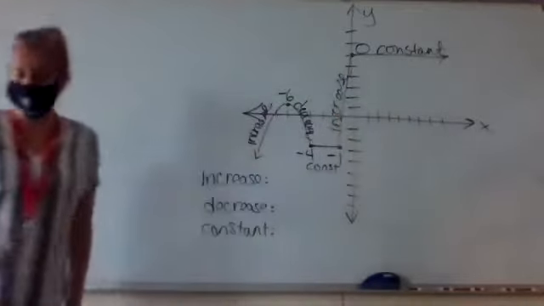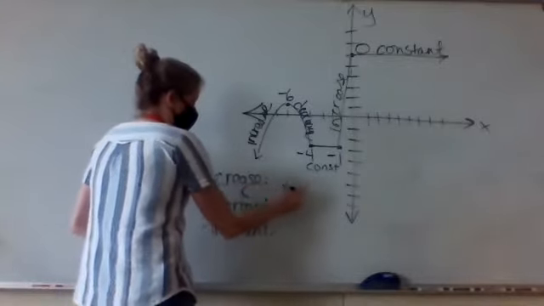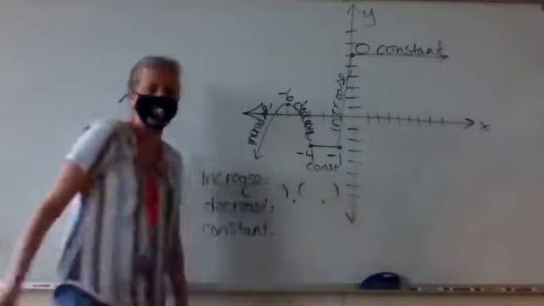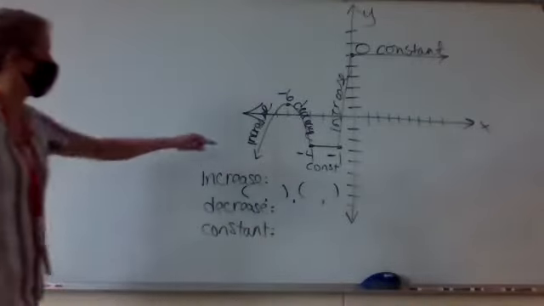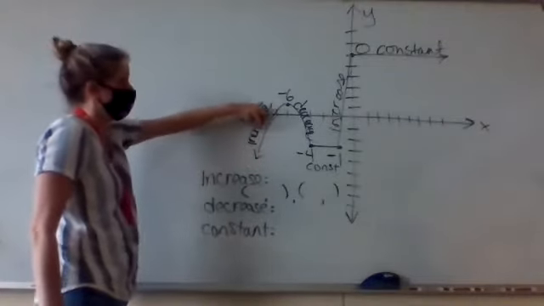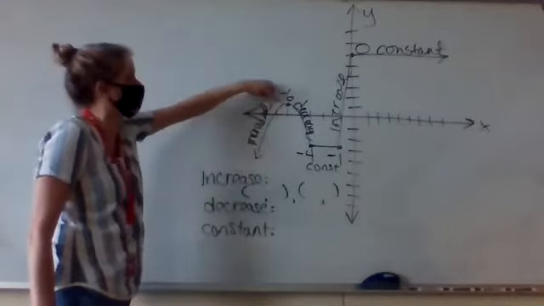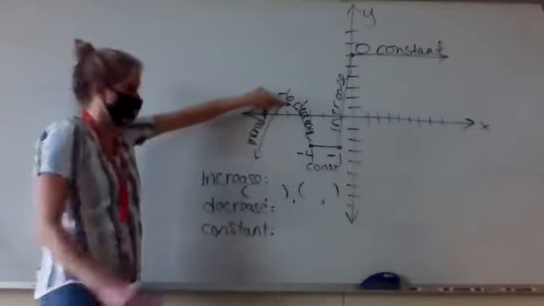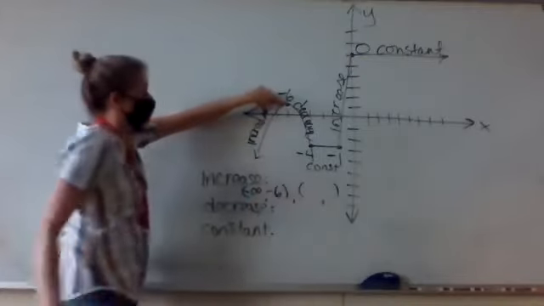So I just need to name those 2 intervals, since there's 2 of them. So what's this first one going to be? Where is it increasing from? If it's from the left, it's starting, and it's got an arrow, it's starting at negative infinity until what? -6.